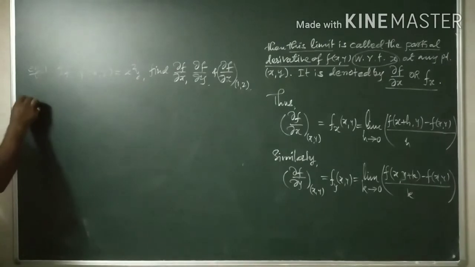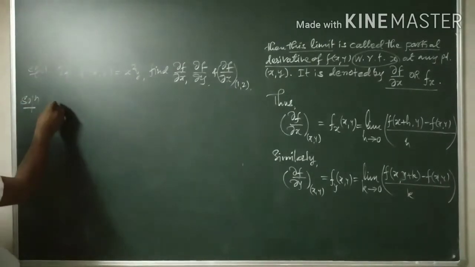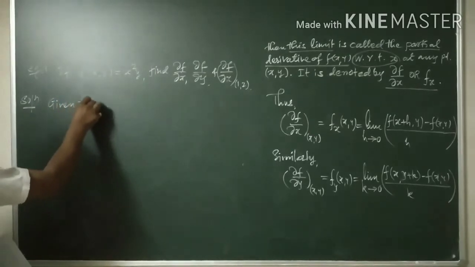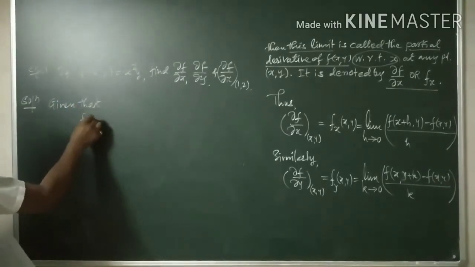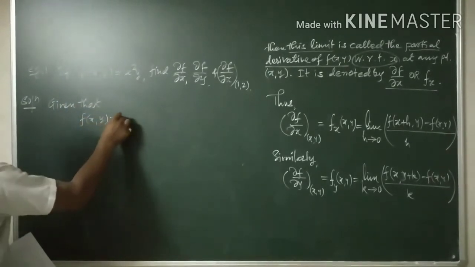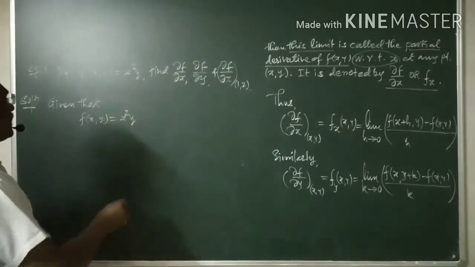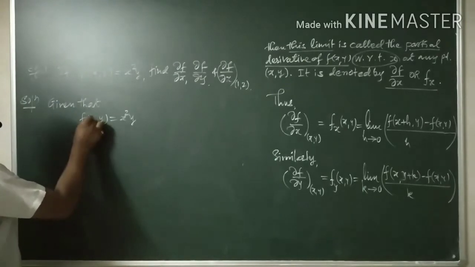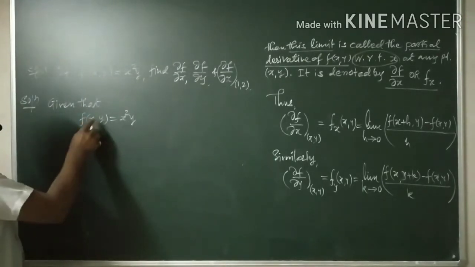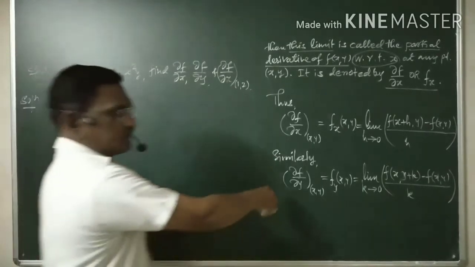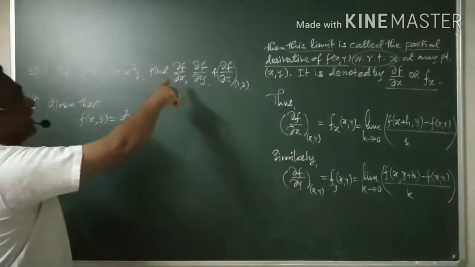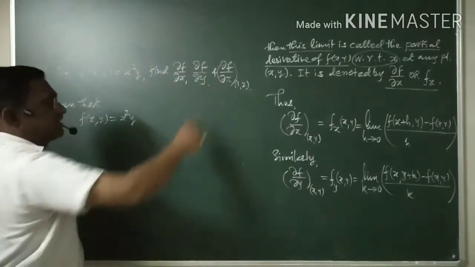Solution of example 1. Given that f of x y is equal to x square y. See what we will do here. Firstly, we are not going to use the definitions to obtain these derivatives.